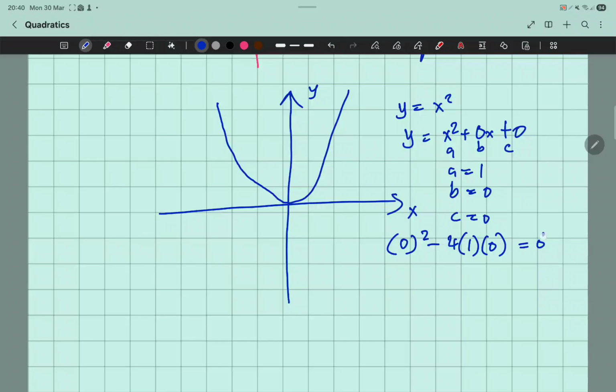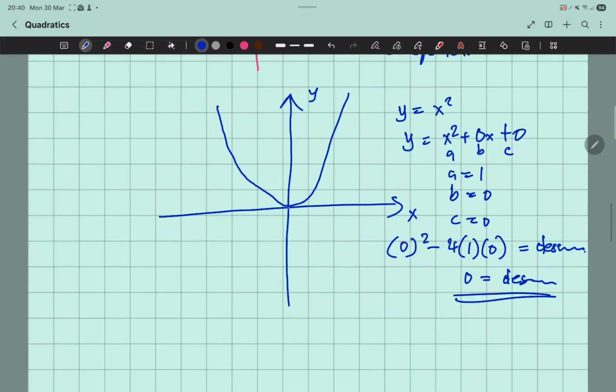If you check our discriminant, it comes out as 0. It simply means we have 1 root which is repeated twice. That root is at the origin, where the curve passes through, and that is the nature of the root. The nature of this root is that it's just one repeated root, or two identical roots. I hope you understood that part.